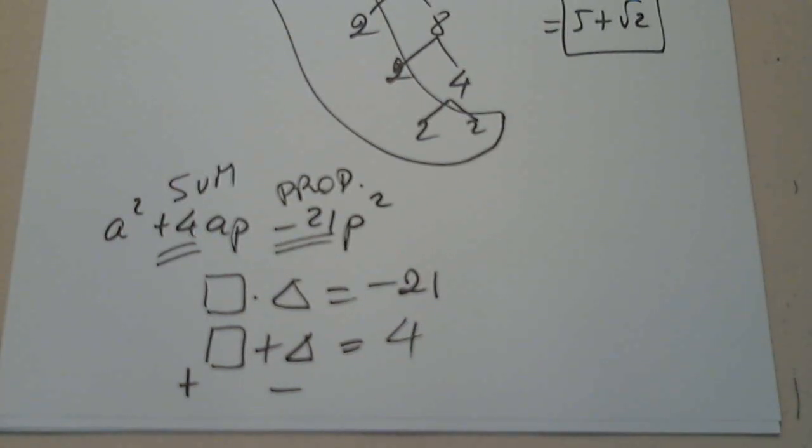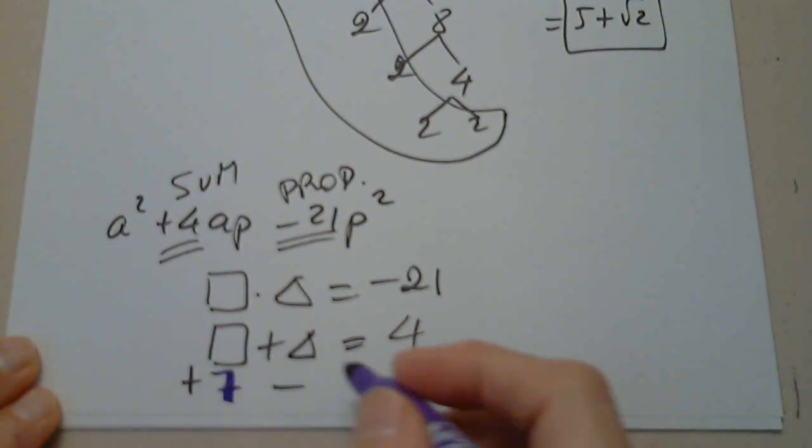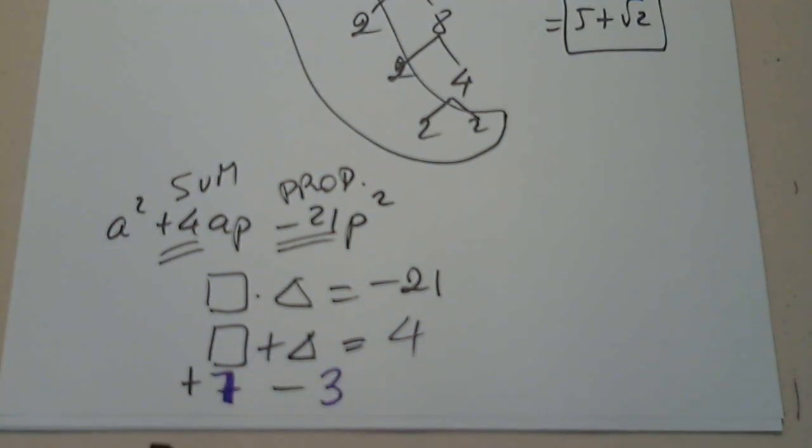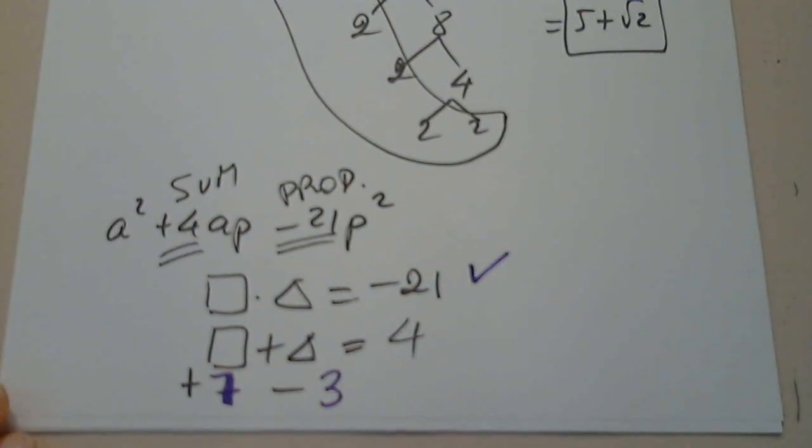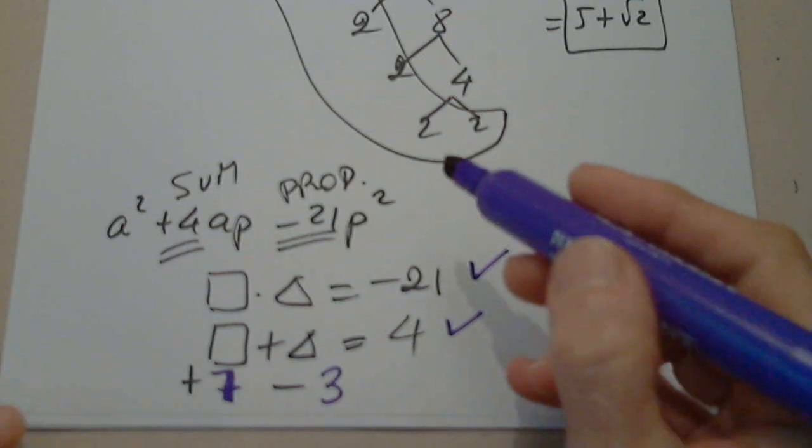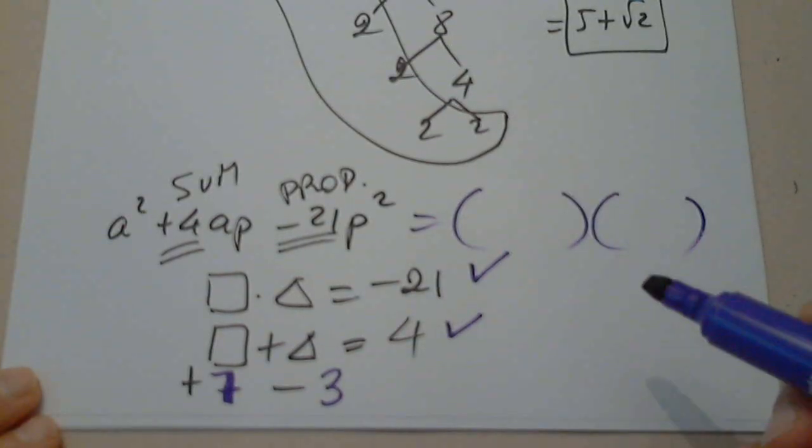The product is negative 21 and the sum is positive 4. The only two numbers that work will be 7 and 3, but 7 has to be positive and 3 has to be negative. Why? Because the product has to be negative 21 and the sum has to be 4. So then I know how to factor.